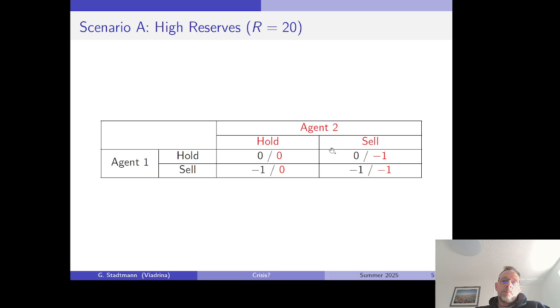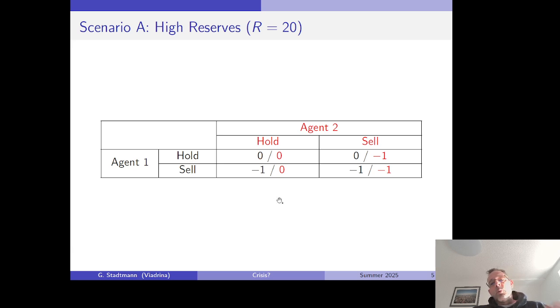In case that both players sell, they have this transaction cost of €1. And if agent 1 holds and agent 2 sells, then agent 2 has transaction costs of 1 and agent 1 has a payoff of 0. If both agents hold, then it's 0-0.